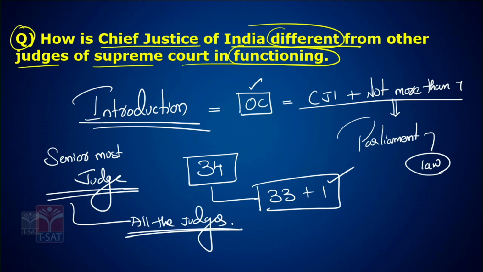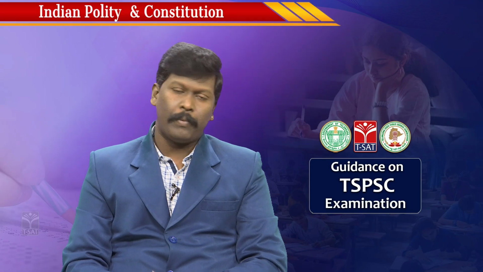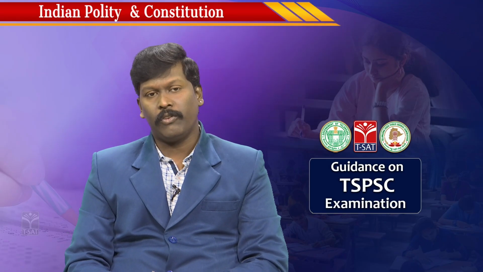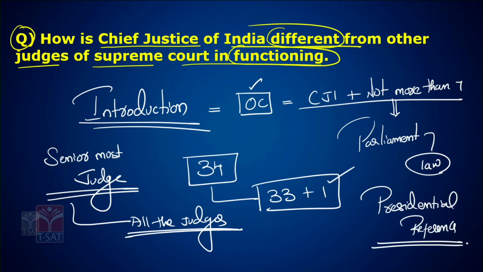To understand why the senior most judge and so on, the thing you need to focus on is the first judges case, S.P. Gupta versus Union of India; the second judges case, Supreme Court Advocates on Record versus Union of India; and the third judges case, which is called the Presidential Reference.